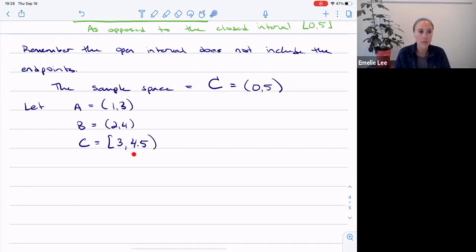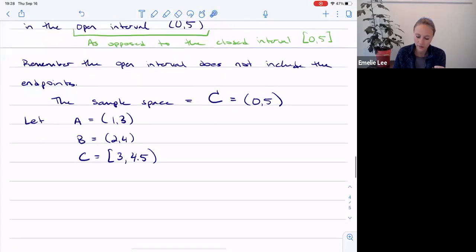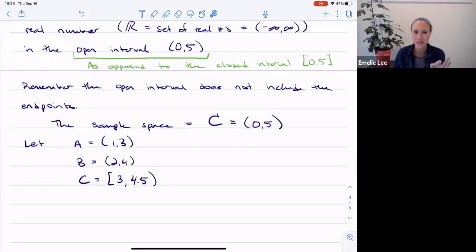So we can have a combination of these two. And of course, the square brackets, I don't think I mentioned it, but I am assuming that you're familiar. These square brackets mean including those endpoints. In this case, it includes 3, but not up to and including 4.5.